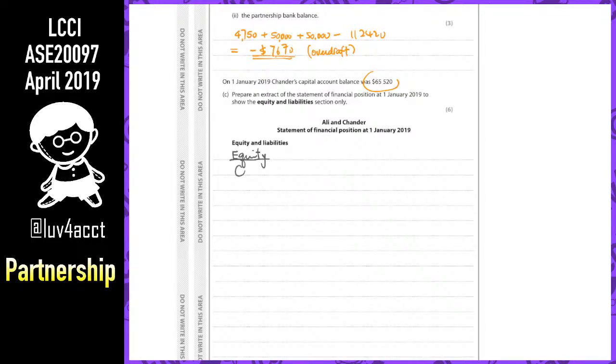But usually I like to show it like this. Capital of Ali, and then capital of Chanda.